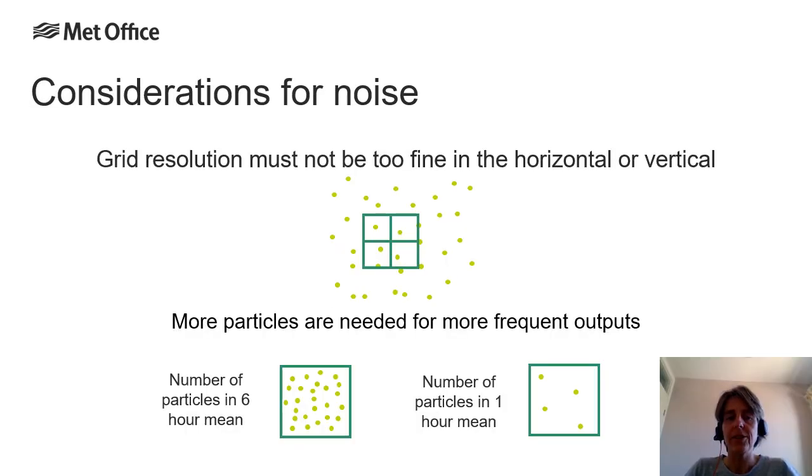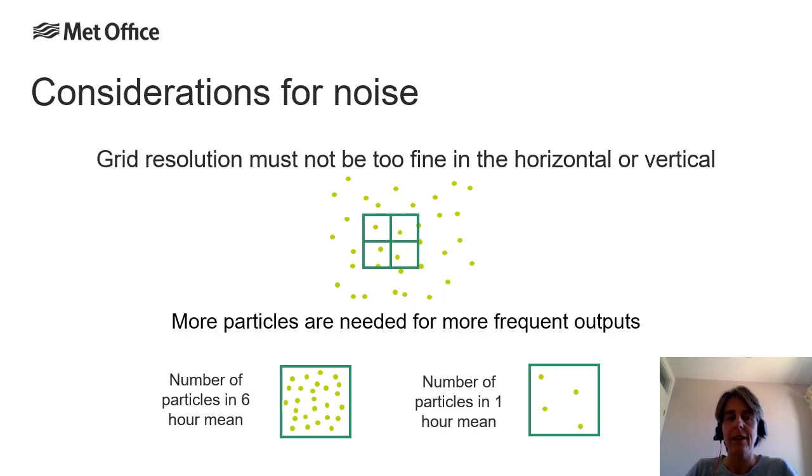To overcome issues with noise, you have a number of options. Firstly, you could choose to increase the number of particles released, but this will have implications on your model runtime. Alternatively, you could choose to increase the amount of averaging of the output.